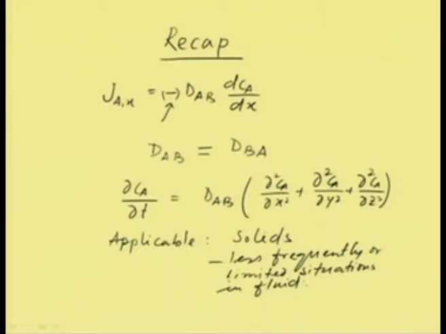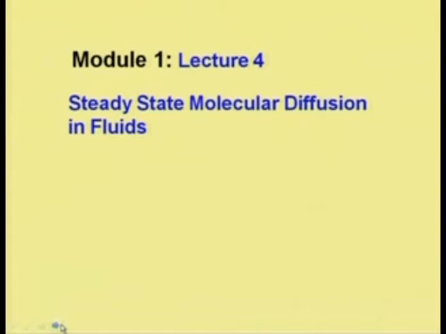So, today we will start with steady state molecular diffusion in fluids, and in this case there are stagnant conditions and laminar flow condition, and also this can occur in two different geometries.